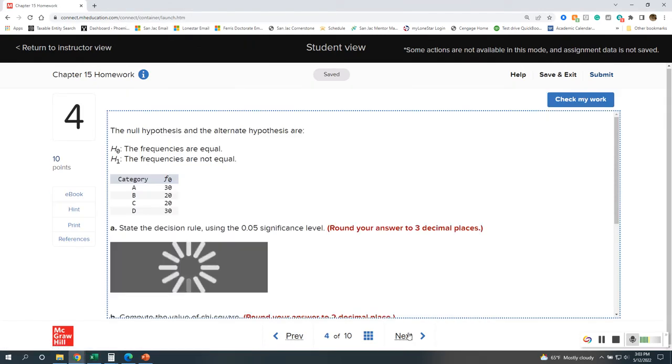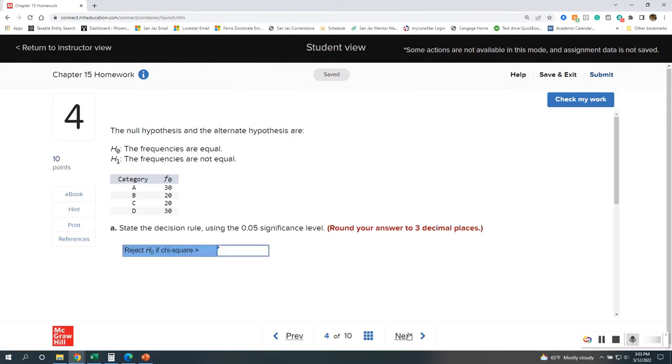Okay, next. The null hypothesis and the alternative hypothesis are as follows. The frequencies are equal. The frequencies are not equal. State the decision rule using the 0.05 significance level. Reject null if chi-square, and so forth.